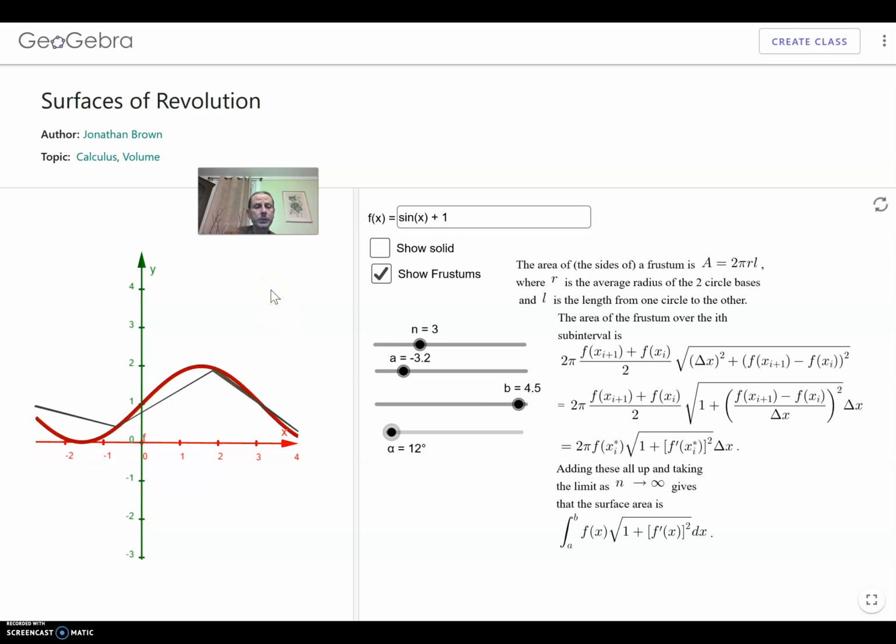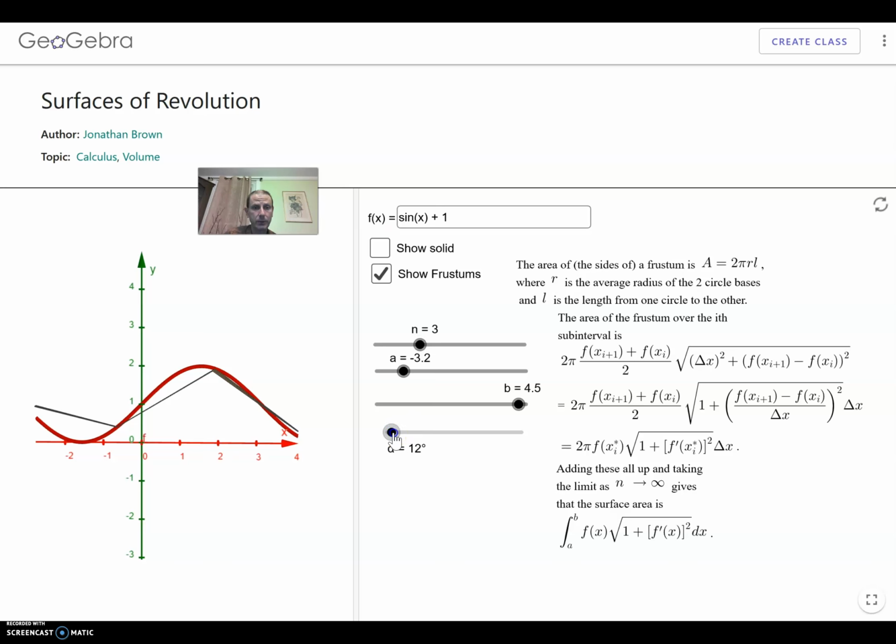Now, what we're going to do is approximate the curve with these straight line segments. Right now I've got n equals 3, but I can increase that and get more and more line segments to get a better approximation of the curve. Each of those line segments, when we rotate it about the x-axis, is going to form a frustum, and then the union of all those frustums is going to approximate the solid.